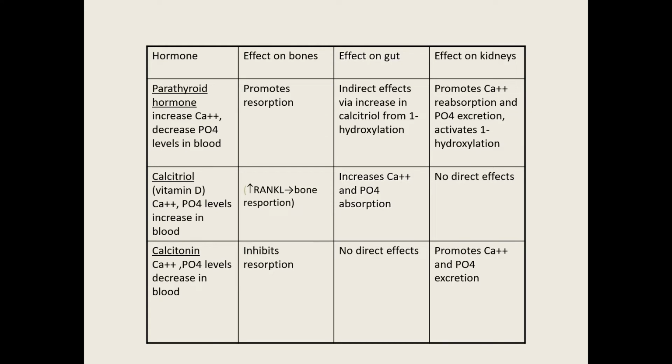Similarly calcitonin decreases both calcium and phosphate, and in the bone it will inhibit the resorption process, and it has no direct effect on the gut, but in the kidney it will promote calcium and phosphate excretion.